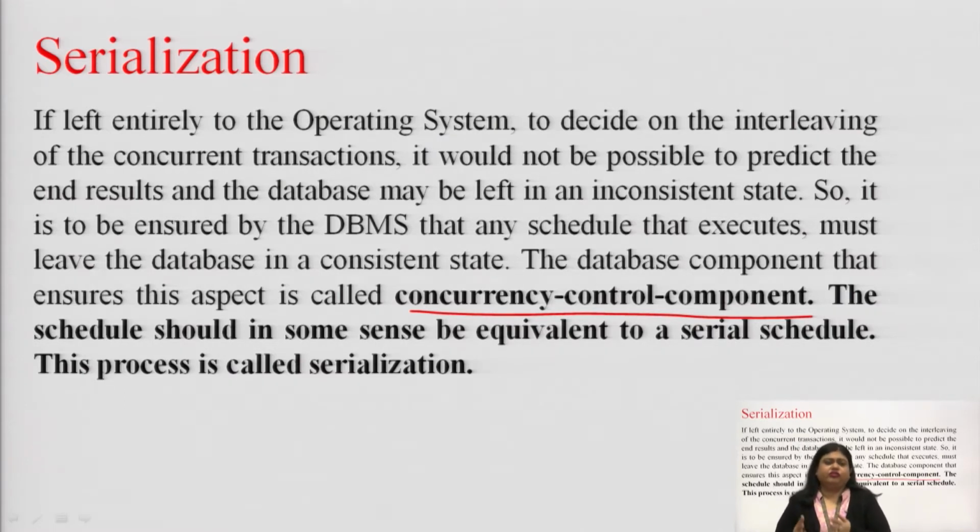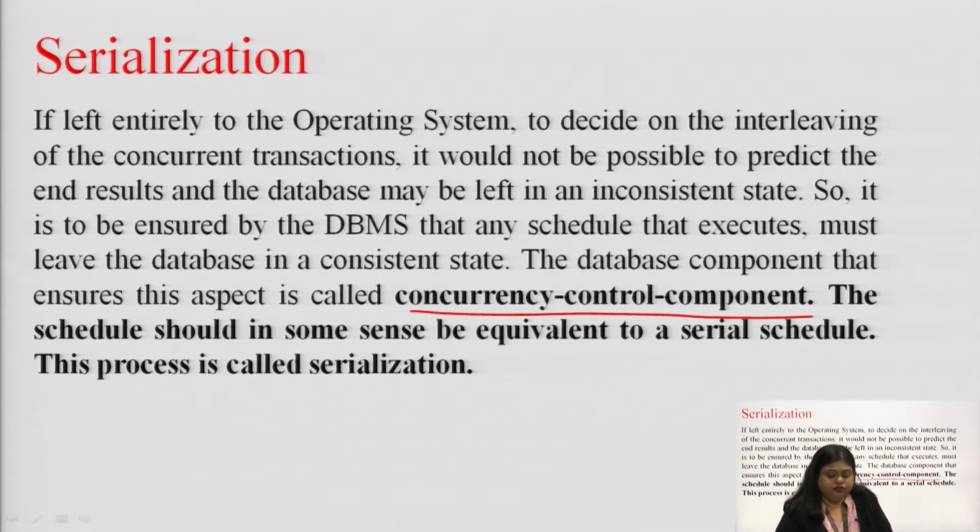So, to avoid any such condition, we have concurrent schedules, and to maintain the consistency of the database with concurrent scheduling, we have the concurrency control component as a part of the database management system. Serialization is the process where a concurrent schedule has an equivalent serial schedule. That means at the end we should get the same result.